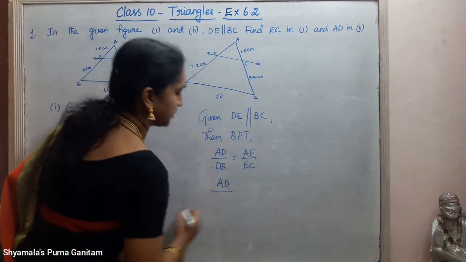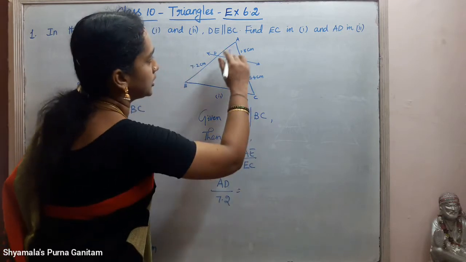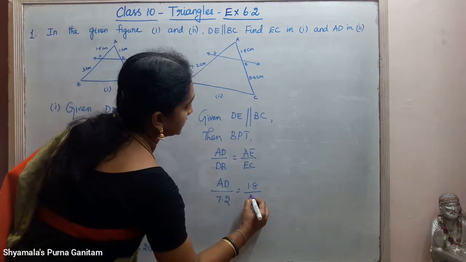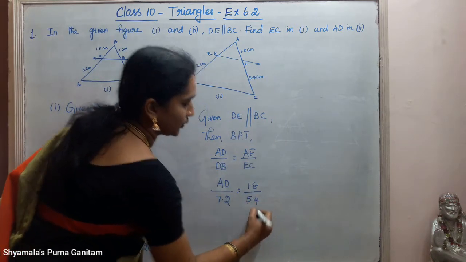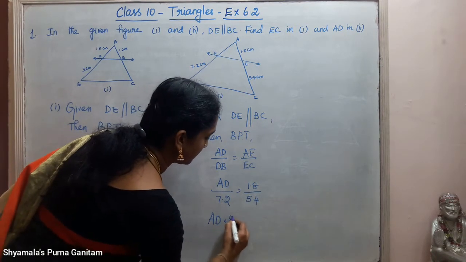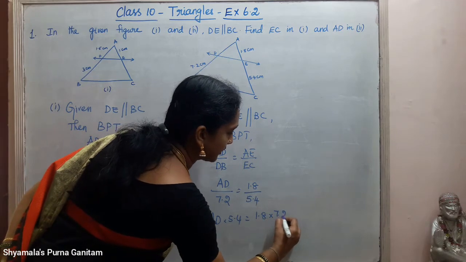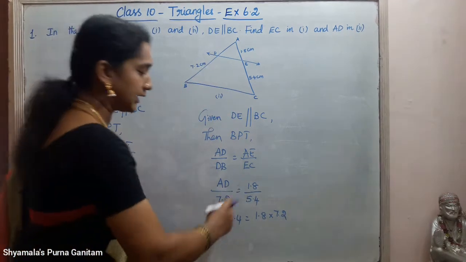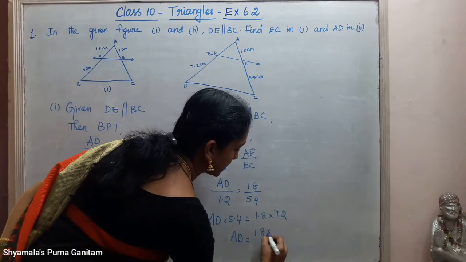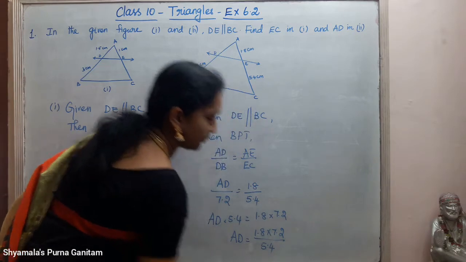DB is 7.2, AE is 1.8, and EC is 5.4 centimeter. So, AD into 5.4 is equal to 1.8 into 7.2. So AD is equal to 1.8 into 7.2 divided by 5.4.